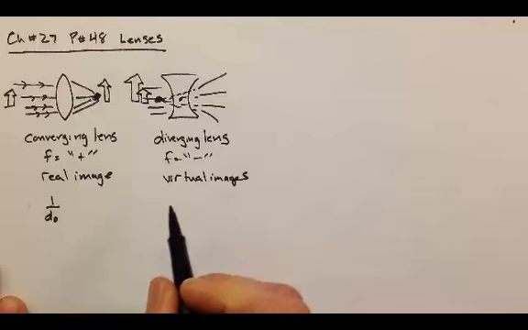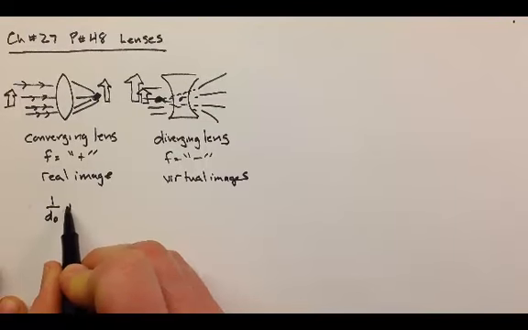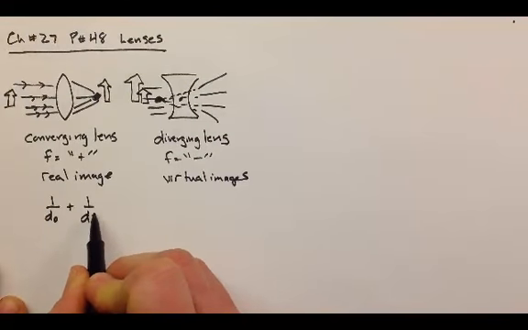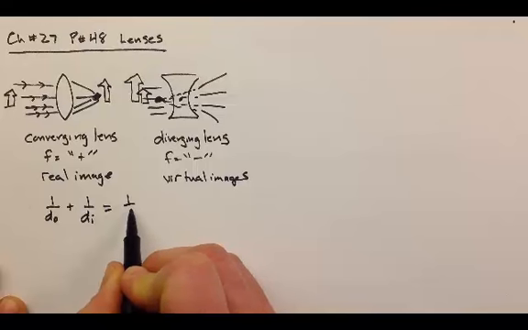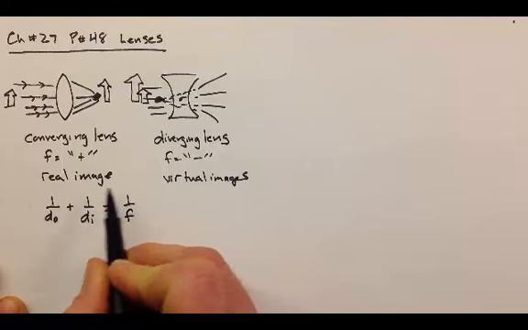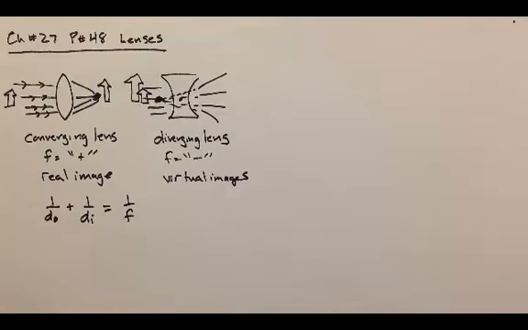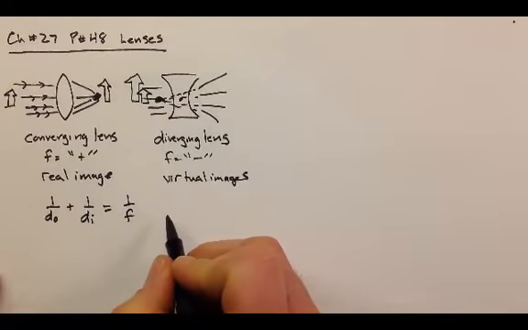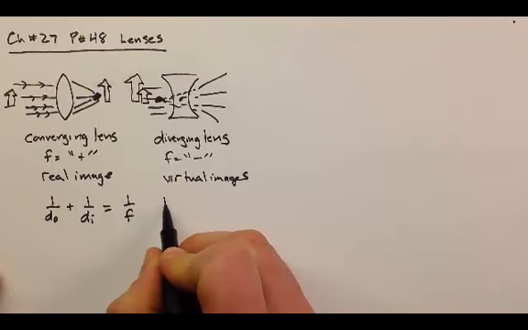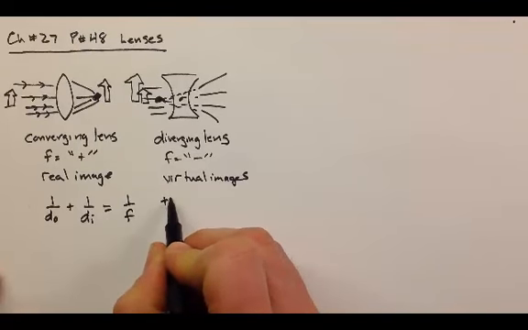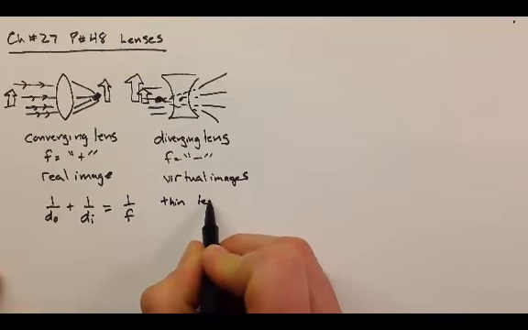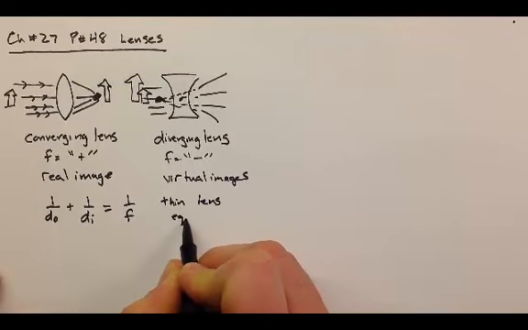Now, you can still also use the thin lens equation, and I actually encourage you whenever you come across a lens problem to both draw a ray diagram and also use the thin lens equation. This equation right here, which is on your equation sheet, can be used not only for concave and convex mirrors, where it's called the mirror equation, but it's also called the thin lens equation.